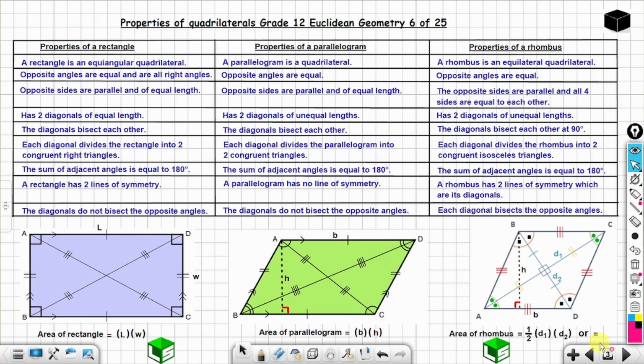I hope you can see that. B times the height. Let me do this. B times the height. So you can calculate the area of a rhombus like this or like this. Or you can also calculate the area of a rhombus using trigonometry. I'm not going to cover that in this video.